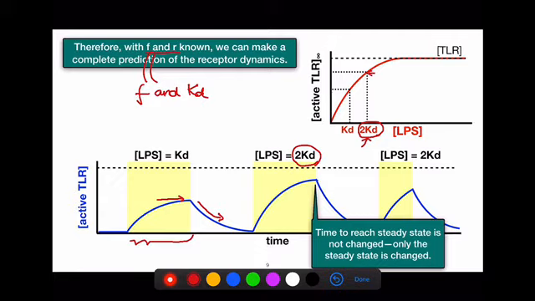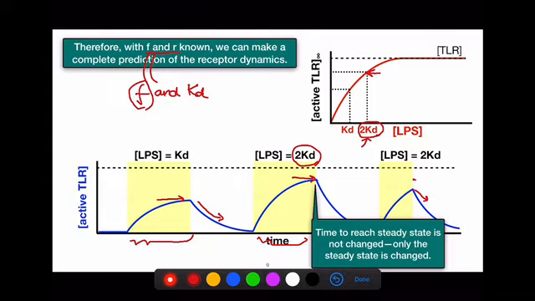So here you go. But the time course of when it reaches is the same, because F remains the same. So you reach that value, steady state value, after enough time. And of course, if the time is not enough, it will not reach the steady state, it will stop and drop down again.